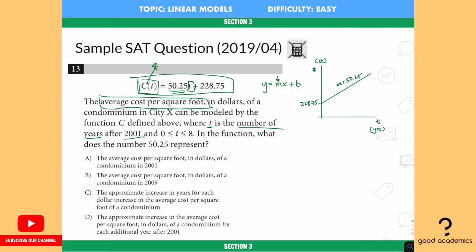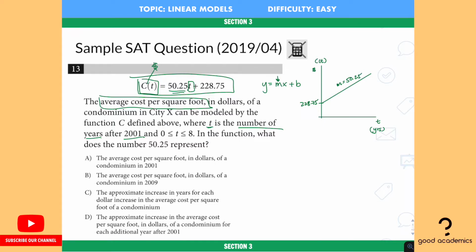It seems like the 50.25 is helping us compute that every single year there's an increase in the price of each square foot. Okay, so that's the average increase, the increase of average cost per square foot year after year.